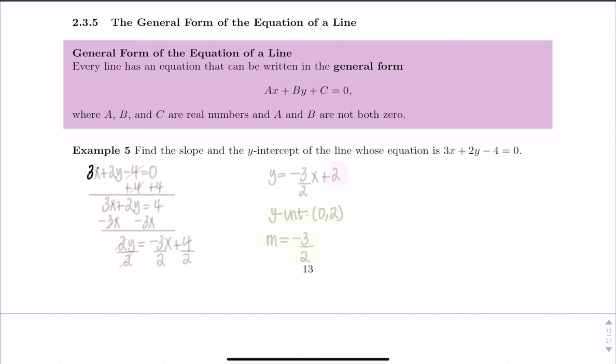So we want to solve for y. We have 3x plus 2y minus 4 equals 0. We're going to add 4 to both sides. And we have 3x plus 2y equals 4. Now we want to subtract 3x from both sides.